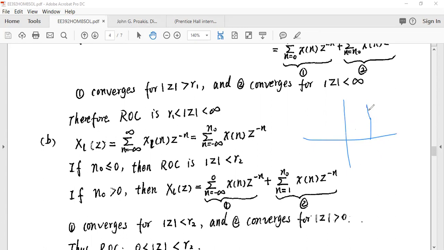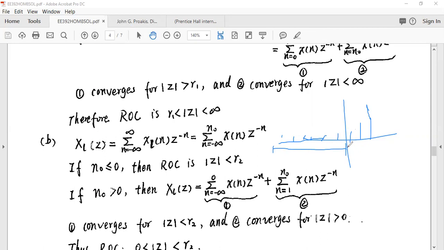You can see the sequence starts from here and continues to negative infinity, based on the assumption we have already made. In that case, the region of convergence for the sequence will again be the modulus of z is less than some radius r2.